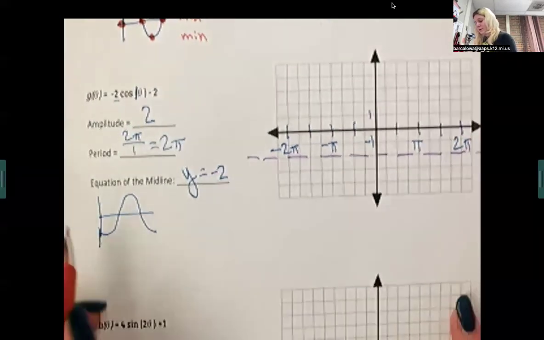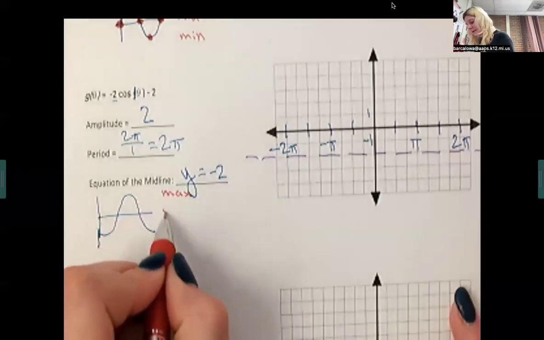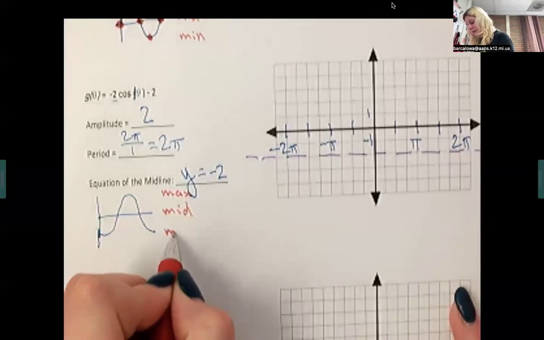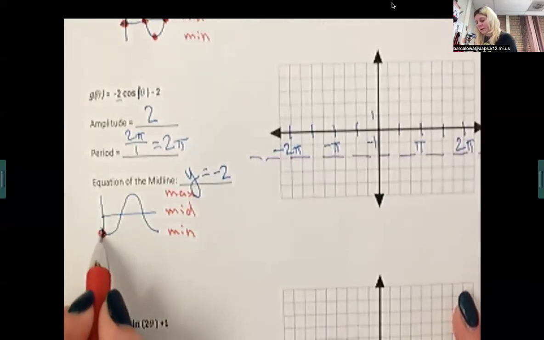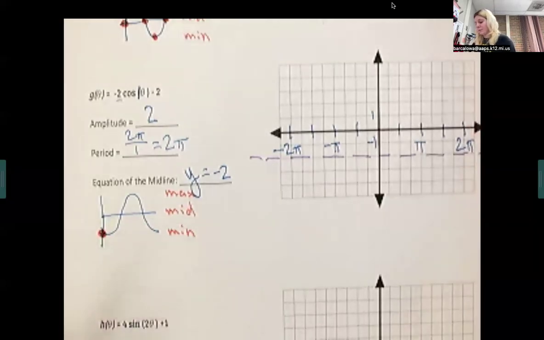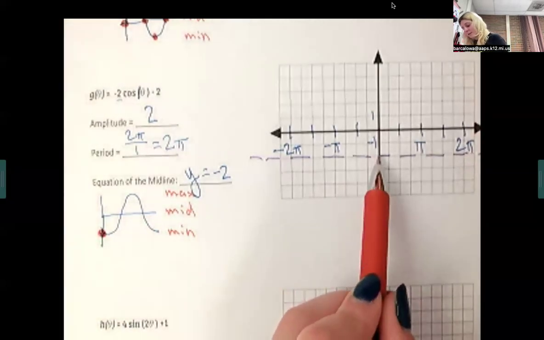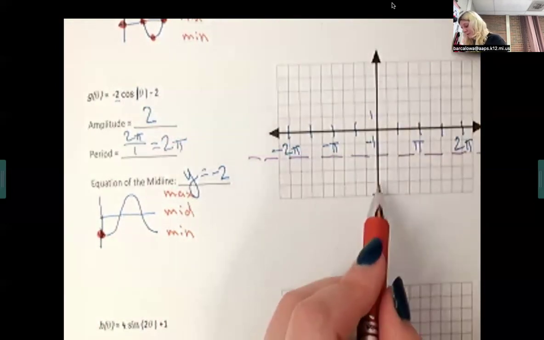Okay? So again, my 3 location choices: maximum, midline, or minimum. So where do I start? Starting at the bottom, starting at the minimum. So put your pencil on your midline, count down 2. 1, 2.